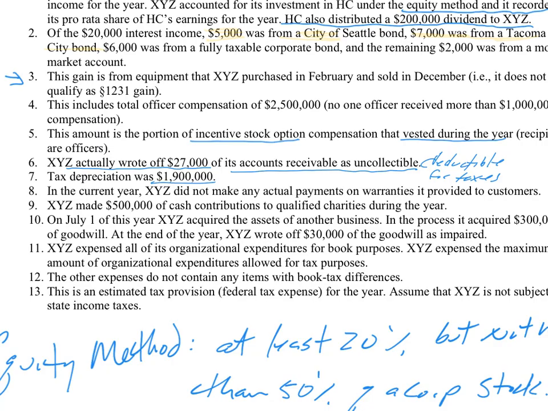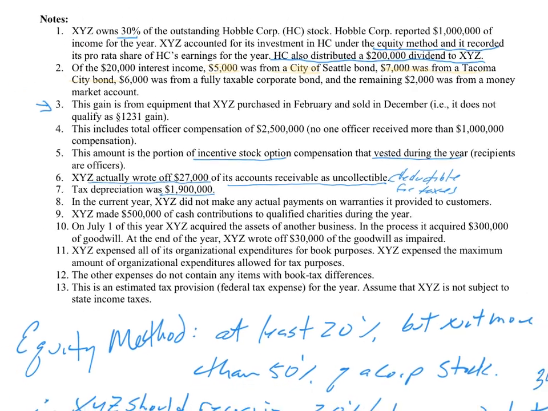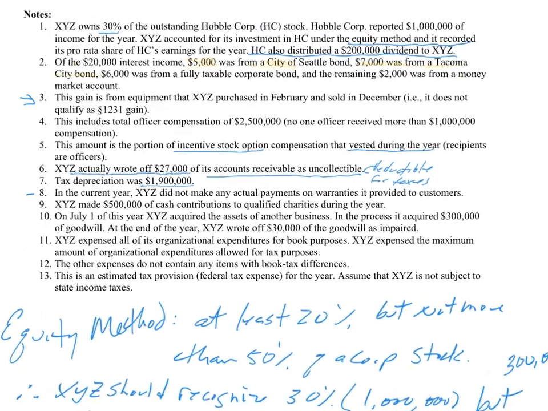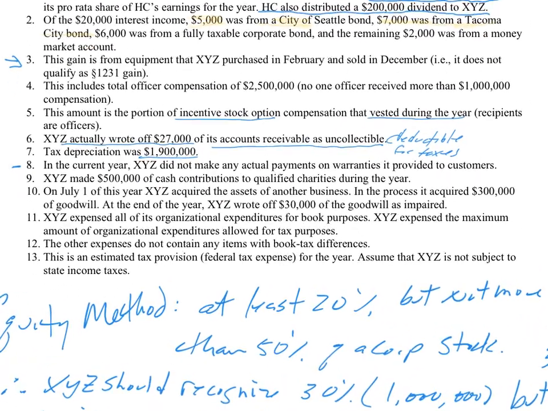That's it. Out with the warranty expense. So let's take a look. So here's warranties, number 8. In the current year, XYZ did not make any actual payments on warranties it provided to customers. So what does that tell us? If there are no actual payments attached to that, and we know that goodwill is a source of some differences from a tax perspective.